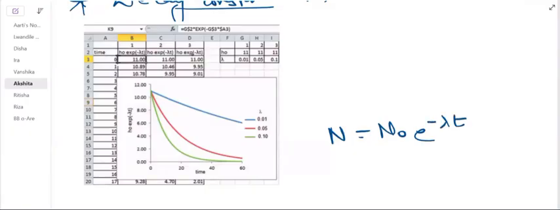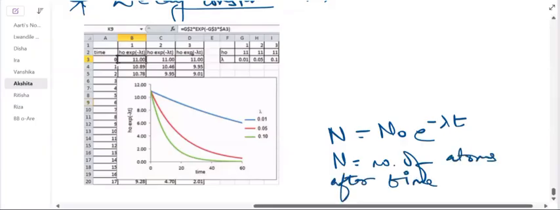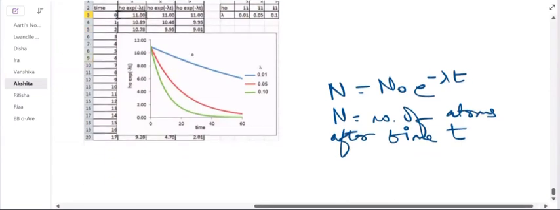Okay, where N is the number of atoms after time t. Lambda is the decay constant.